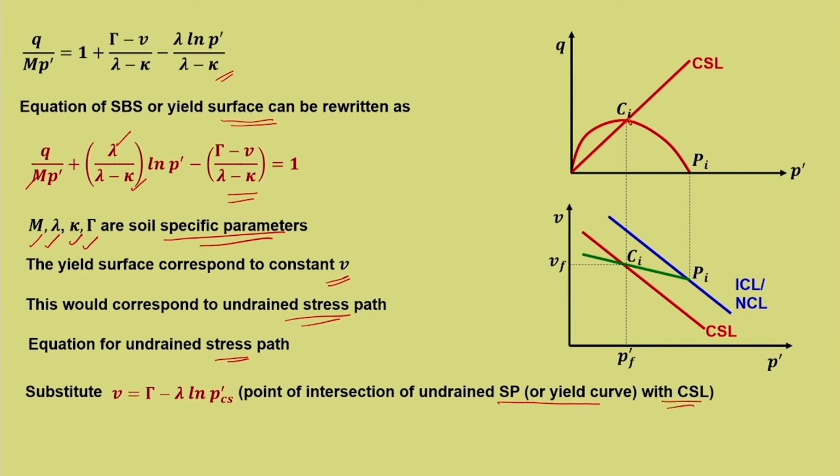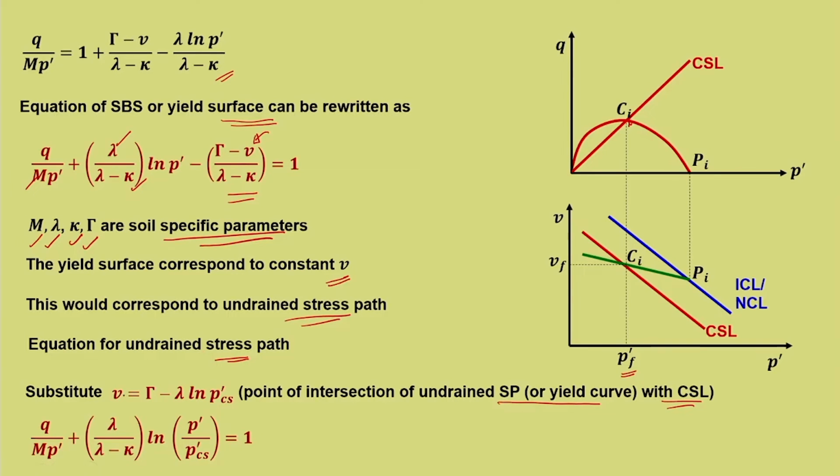Now this is the particular point. If that is considered as p dash f or p dash cs, and for this particular V we substitute this equation gamma minus lambda ln p dash cs, what will we get? We get q by m p dash plus lambda upon lambda minus kappa ln p dash.